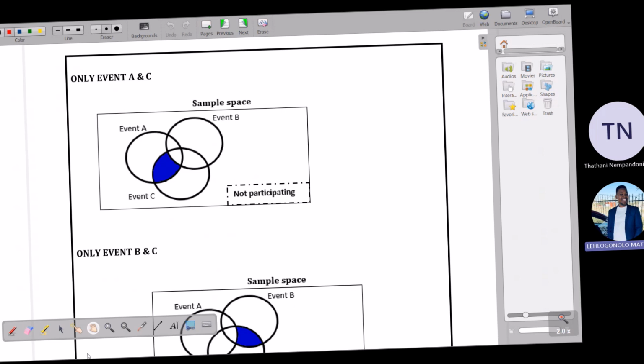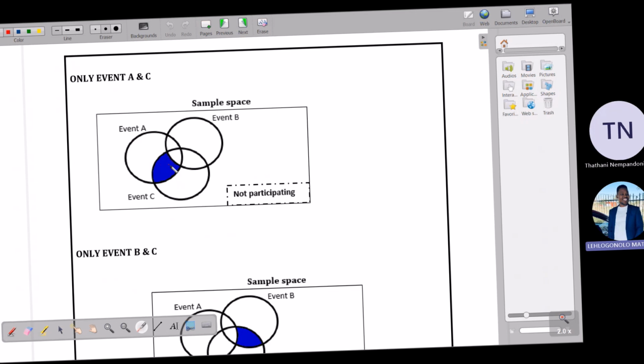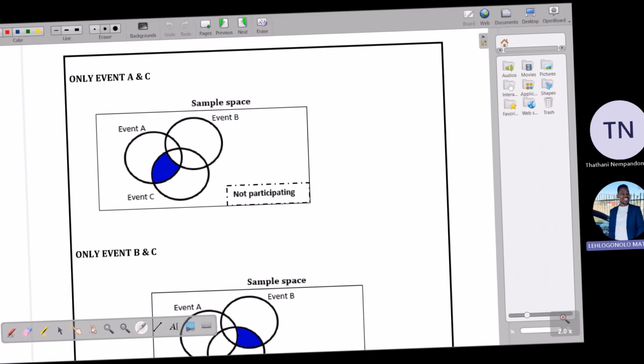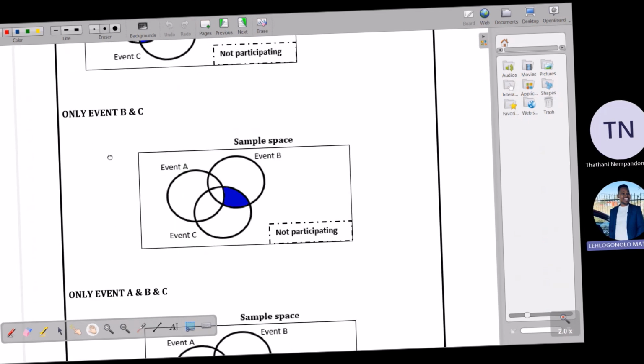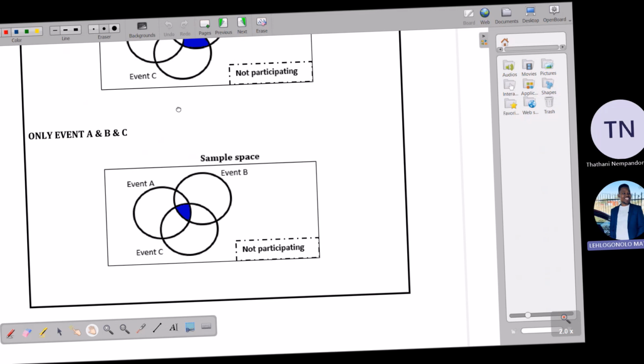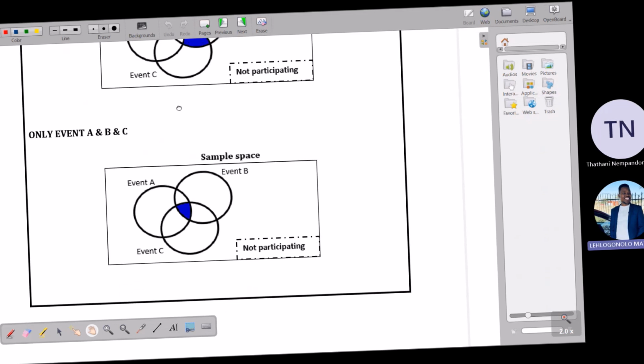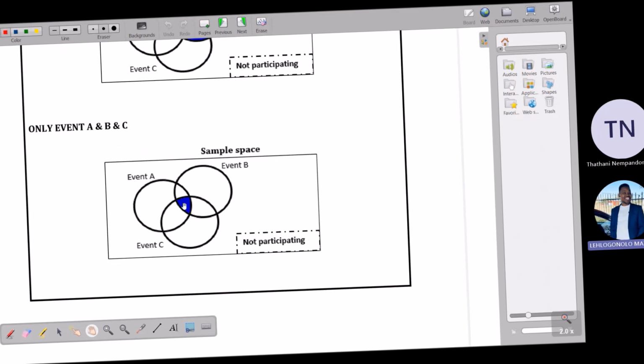This one is when the event is A and C, and they have highlighted this part. Whatever number you get here represents the probability of A and C, or the number of participants in A and C. Then for the event in B and C only, the shaded region is this one. Then the last part is all the three events, A, B, and C. It is the middle one.